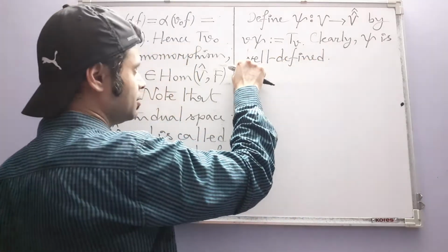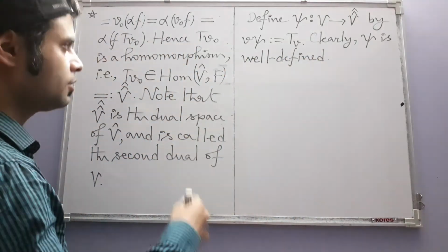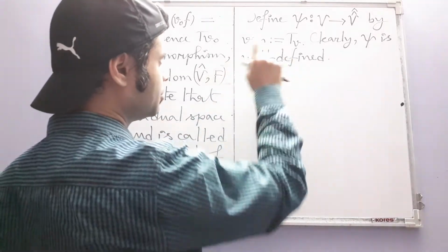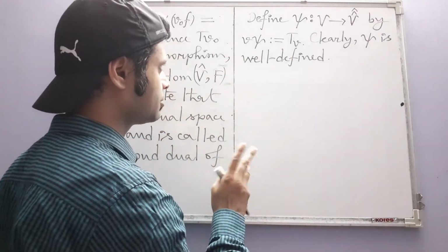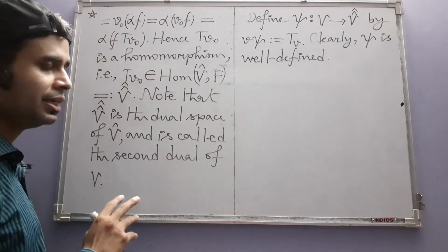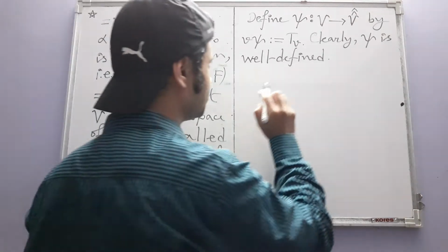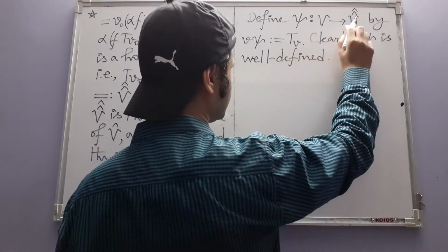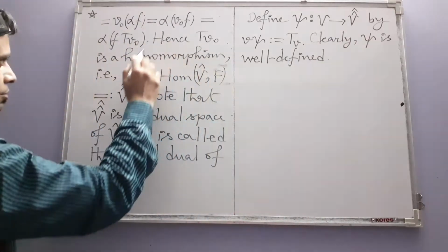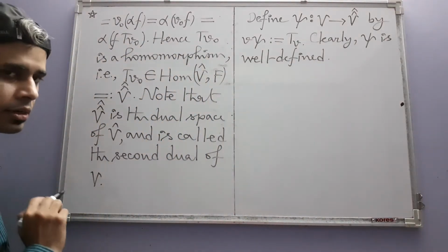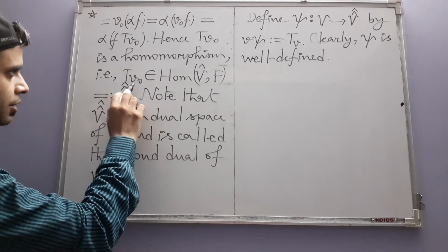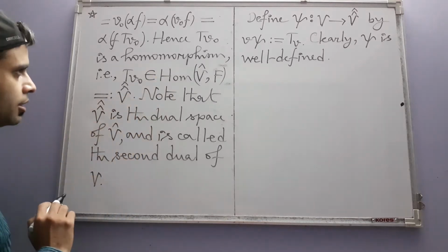The way we have defined TV, clearly for a given V there will be only one such TV. So there is no problem with TV being unique. It is unique. However, does TV belong to this second dual? Yes, that's what we have been showing here, and we have shown here that for V0 in V, TV0 belongs to the second dual.